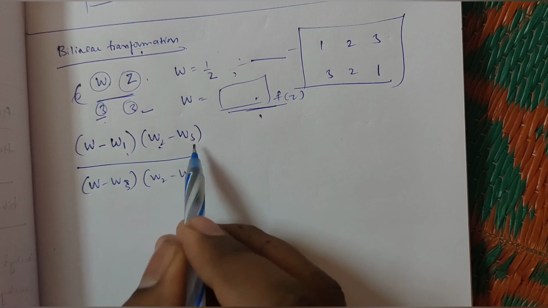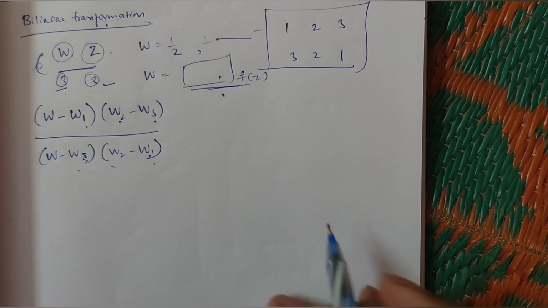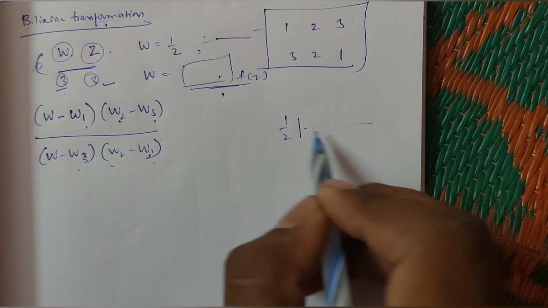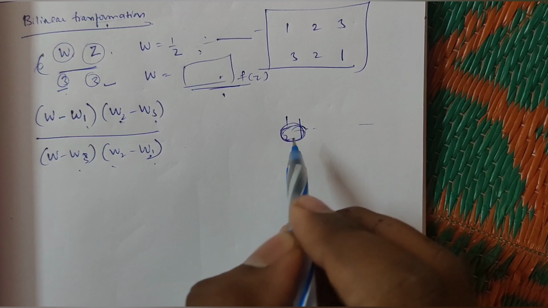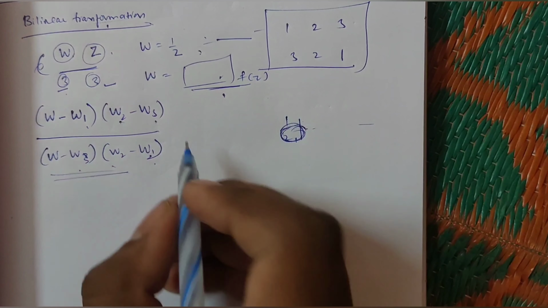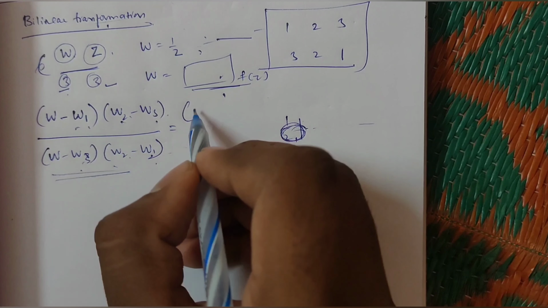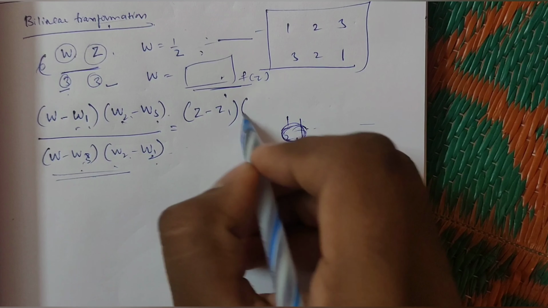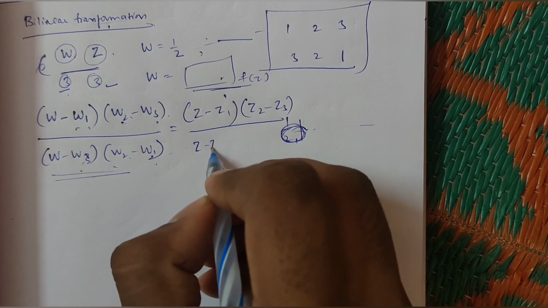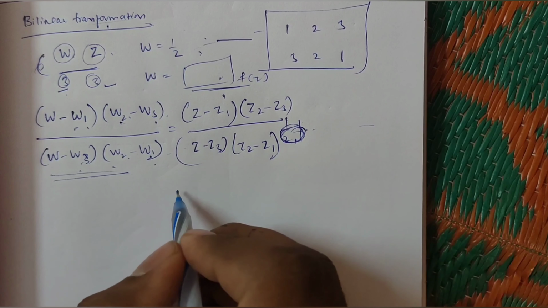Remember 1 2 3 in the numerator and 3 2 1 in the denominator, just as you write the area of a triangle, half x1 y1, like that. This equals the same way for z also: z minus z1 into z2 minus z3 by z minus z3 into z2 minus z1.